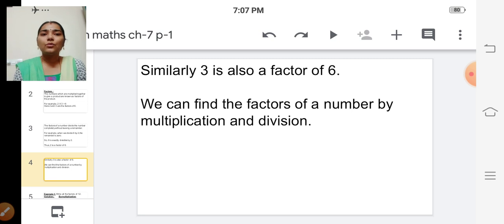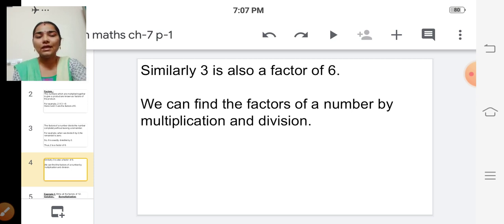Okay. So we can find the factors of a number by multiplication and division. Using multiplication we can find the factors of a number, and using division also we can find the factors of a number.